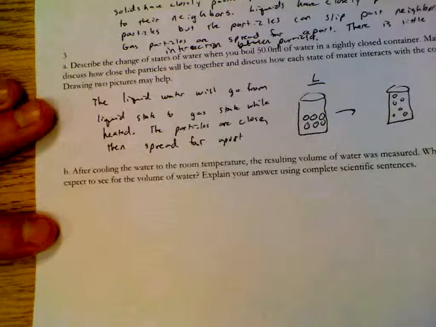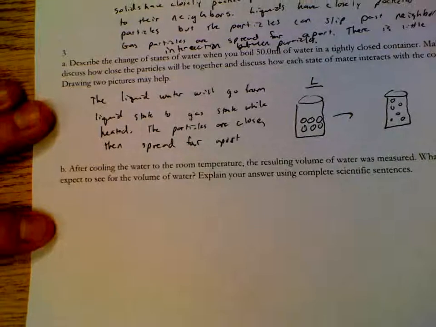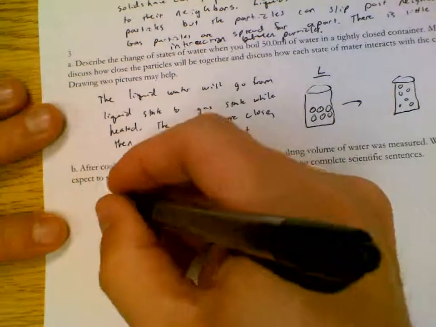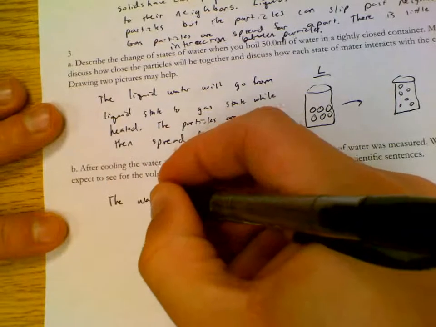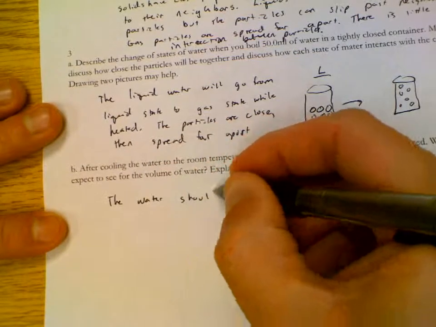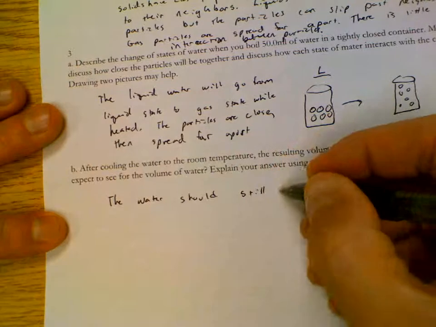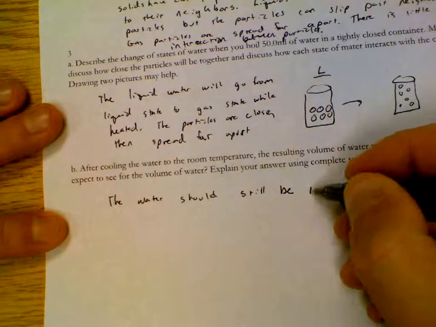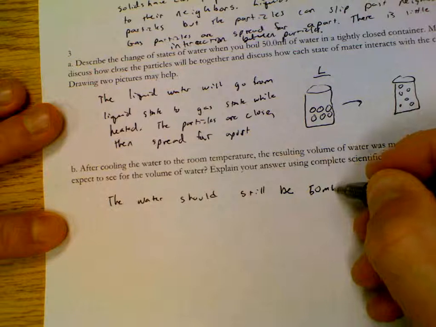After cooling the water to room temperature, the resulting volume of water was measured. What would you expect to see for the volume of water? Explain your answer. The water should remain the same, which is 15 milliliters.